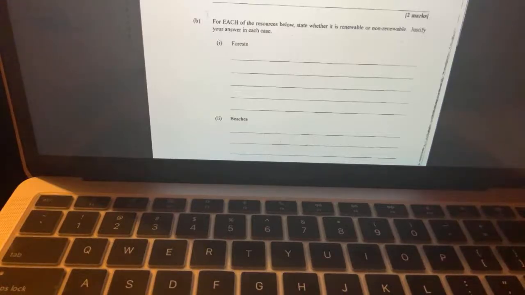Good job, Kiara. So, two things we're looking for in the chat: renewable versus non-renewable resource, and we're classifying forest and beaches. What are they?